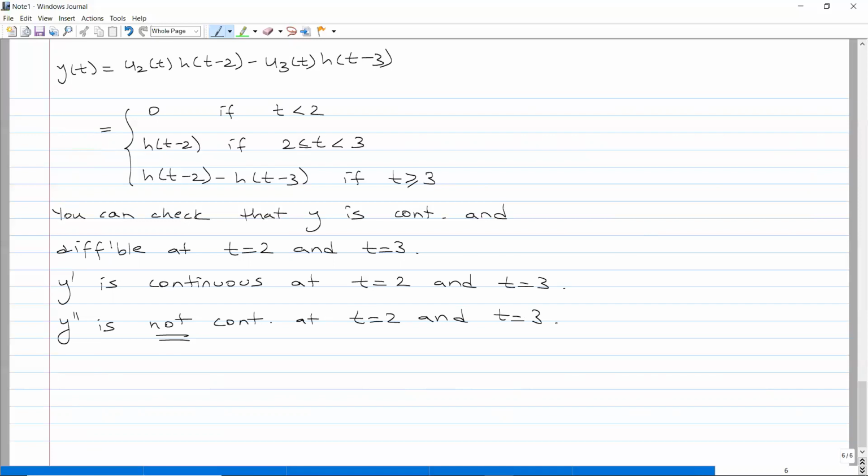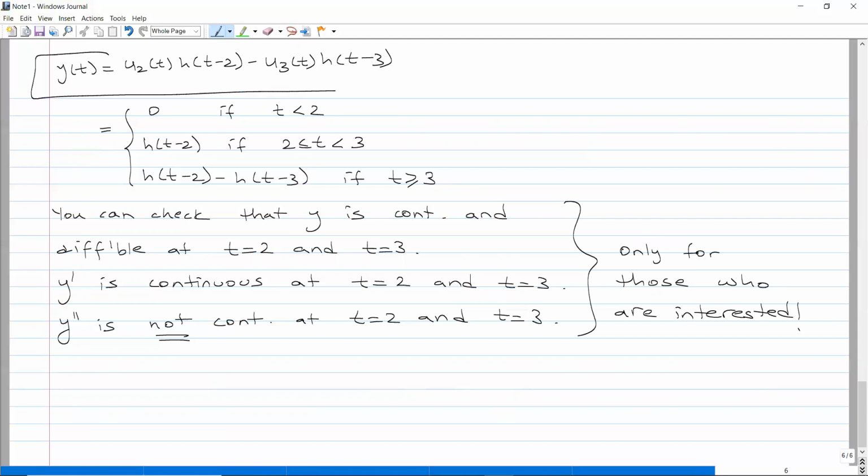Okay, but you don't have to. This is only for those who are interested, not for all of you. I don't expect all of you to understand this technical point. Only for those of you who are interested, you can go ahead and check this. For us, this is going to be the answer. That's it. We are done, finished with the example.